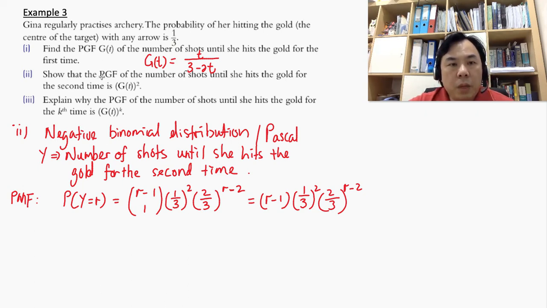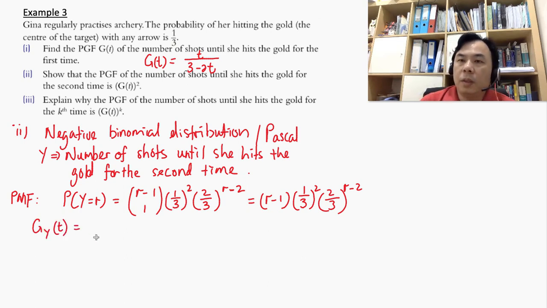Now that we know the probability mass function, we can construct the probability generating function for this second event. So we're going to construct this G(y) now. How to do it? The same idea here. We will use the same method as before.